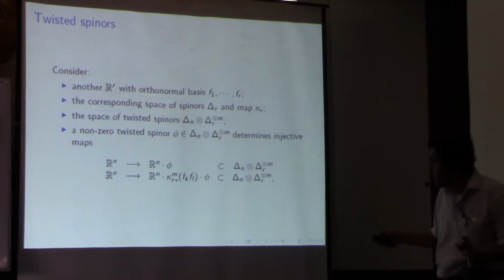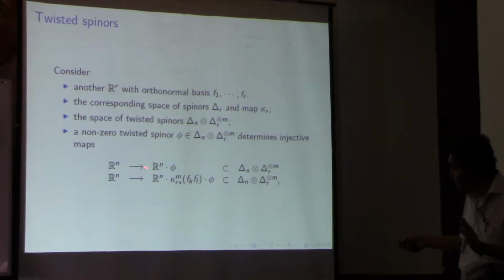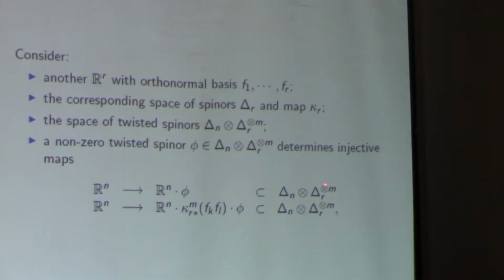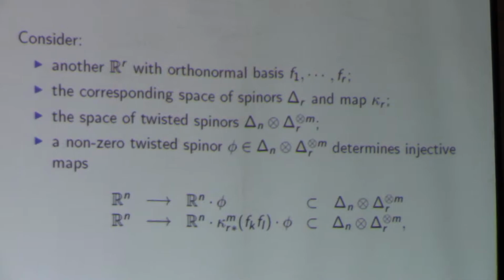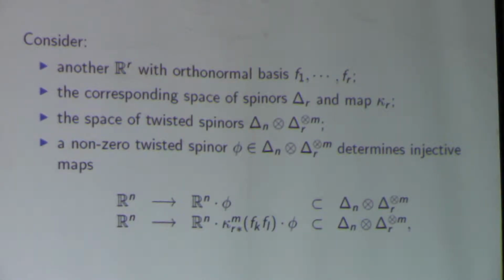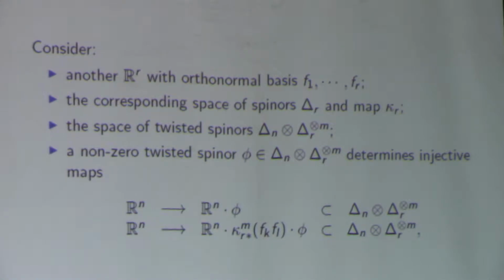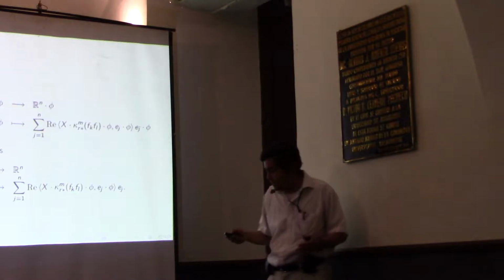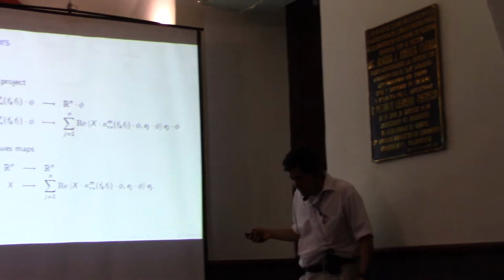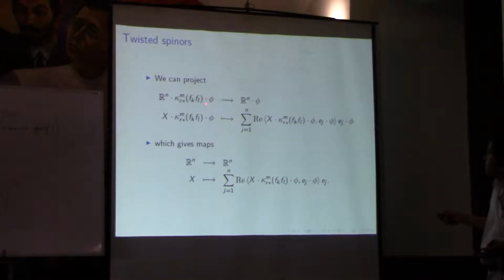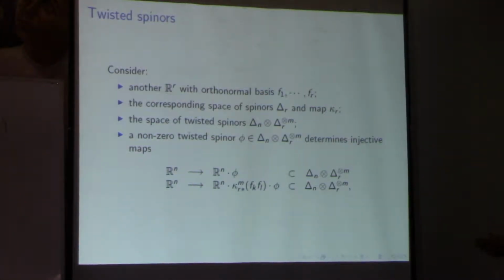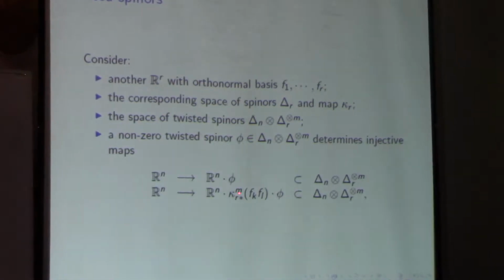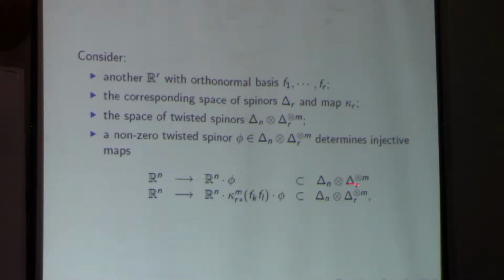Now, at this point, I'm not claiming that these are complex vector spaces. I'm just saying they are subspaces of this big one and subspace of this big one. We try to imitate Cartan's definition to fit our purposes, but things didn't work quite so easily. So what we ended up noticing was that from these two formulas, you can go from here to here, and then project to here inside this space, and then go back here, because both maps are injective.